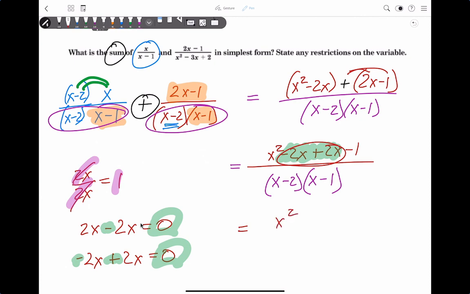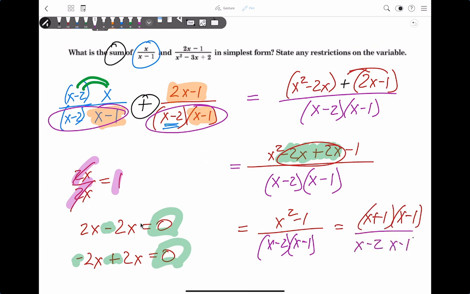So I have x squared minus 1, which is a difference of squares, over that x minus 2, x minus 1. So if I factor the top, x plus 1, x minus 1. And my common denominator is still x minus 2, x minus 1. Check this out.